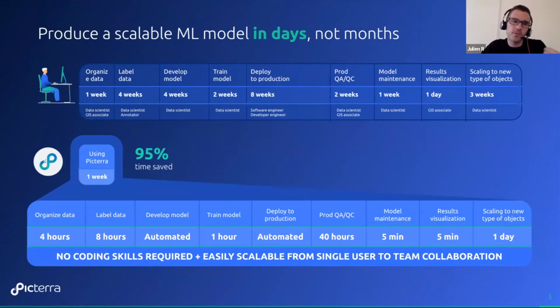So you can do everything from data organization, data labeling, data curation, to training a model automatically based on your training data, then deploying the model in production. I mean, we don't even have a deploy step. It's a transparent thing. And then you can also do quality control, model maintenance, and visualization, and share the results with the rest of the business. So really, we try to be a big time saver for a geospatial machine learning project.